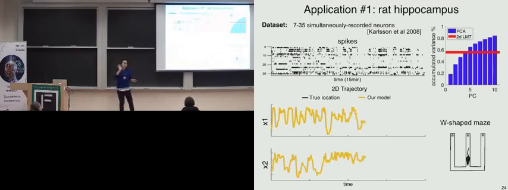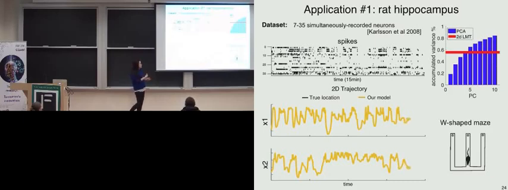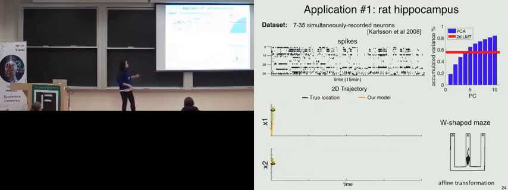The mouse is traversing a W-shaped maze. So we can get the 2D real-time location and plot the trajectory of the real location of the mouse, which is the black curve here. But the 2D trajectory we learn doesn't have physical meaning.